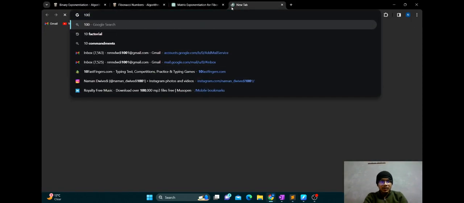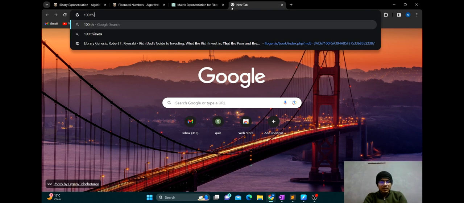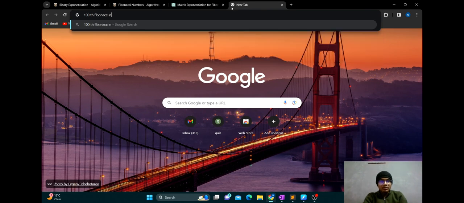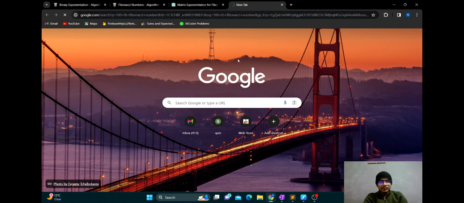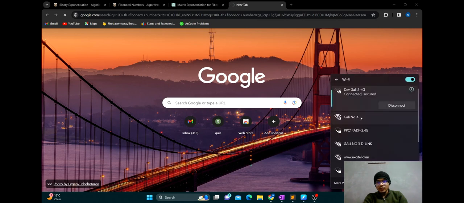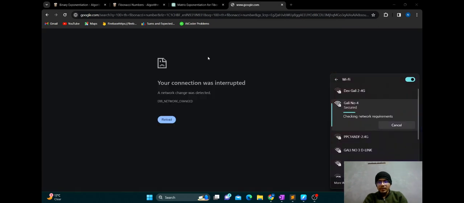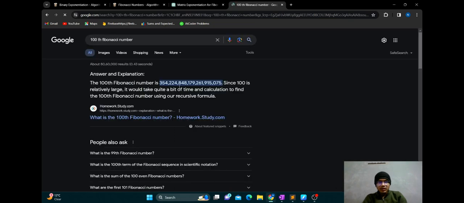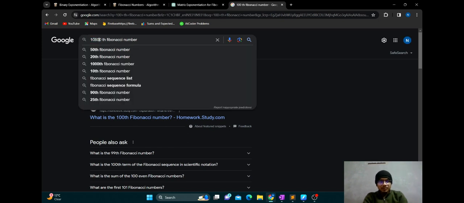The 105th number is too large to get stored in the data type.